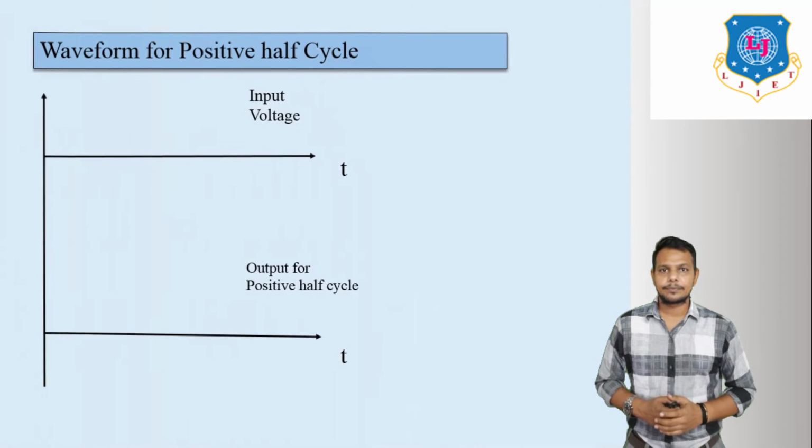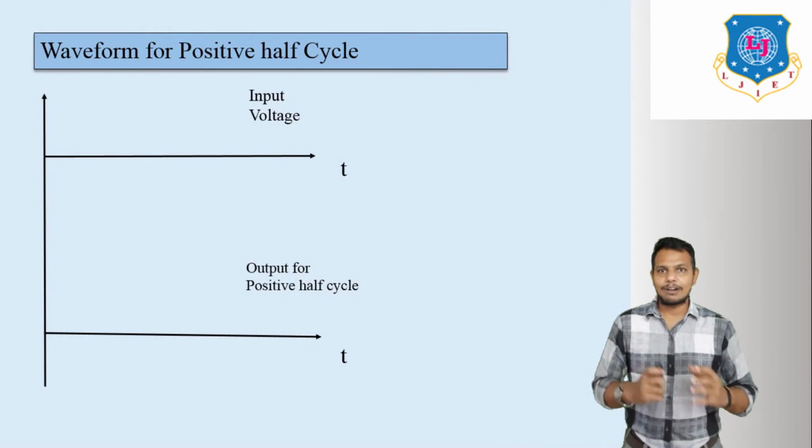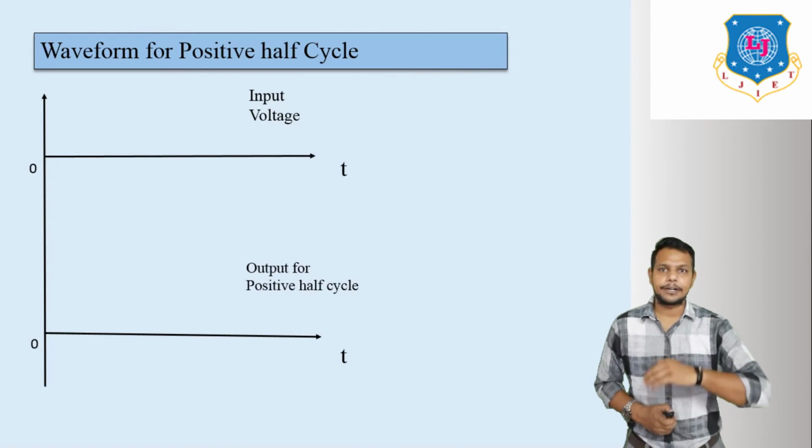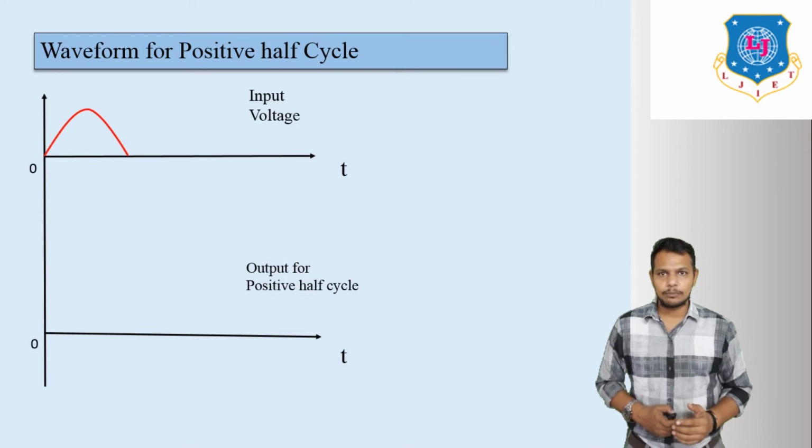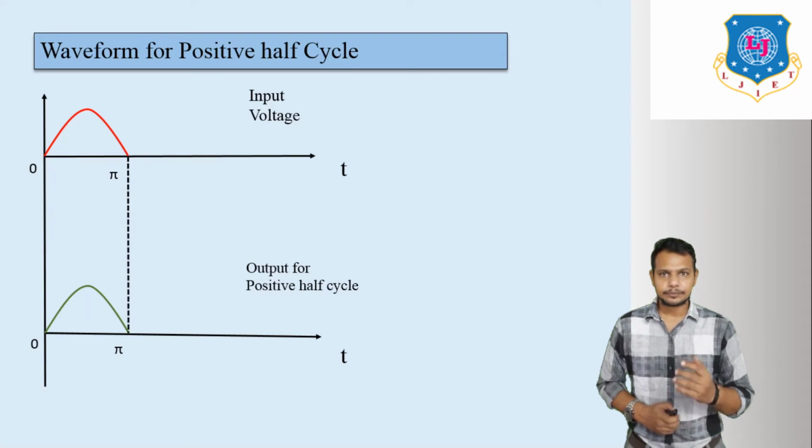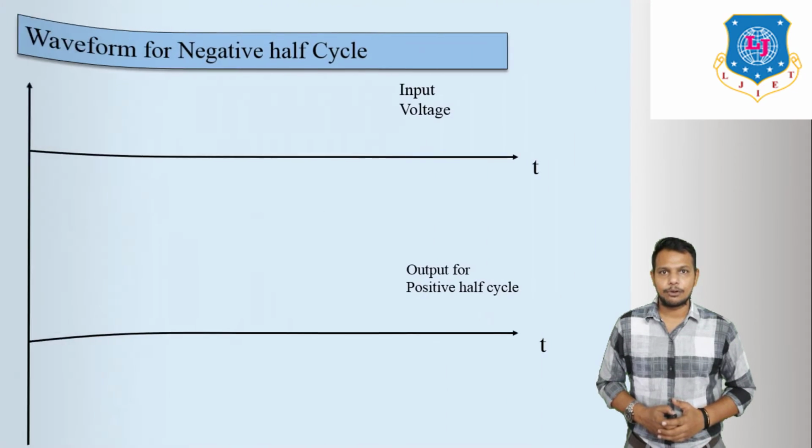Here we can see this is the positive half cycle waveform. If we enter a positive waveform, we will get a positive waveform at the output side, 0 to pi.